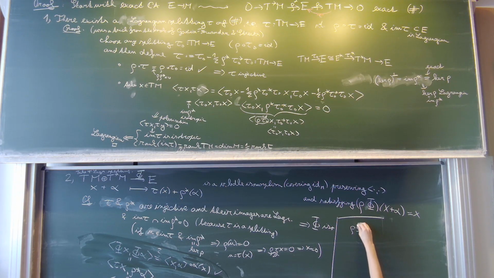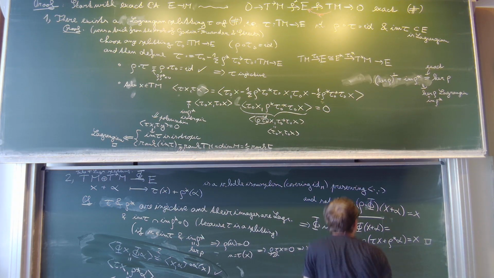If I apply it to x plus alpha, then this is rho of tau x plus rho star alpha. Well, rho following rho star is 0, and rho following tau is the identity. This is x. Okay, so that was a bit painful.